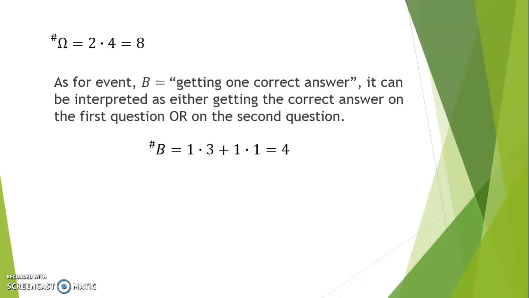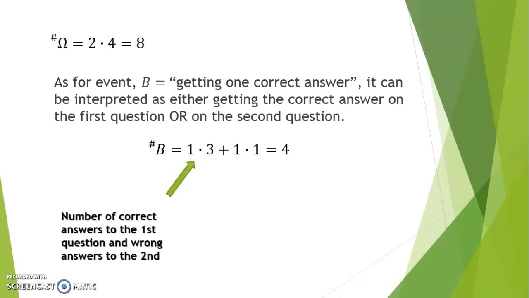So we can find the cardinality of B by using the addition principle, where in the first calculation we have counted the number of correct answers to the first question followed by wrong answers to the second. So there's only 1 correct answer between true or false, and there are 3 incorrect ways to choose an answer for the second question.